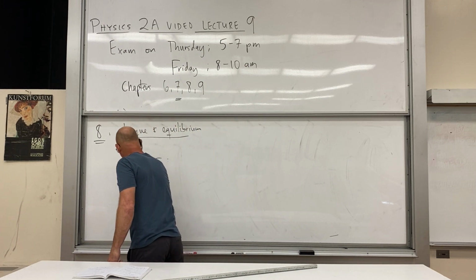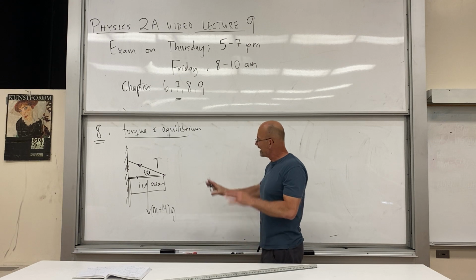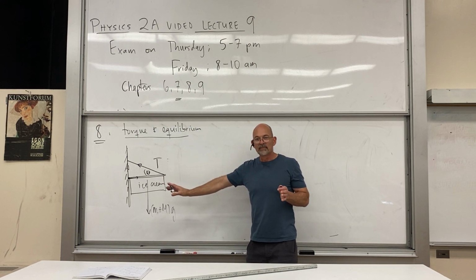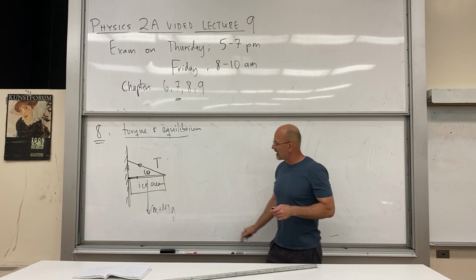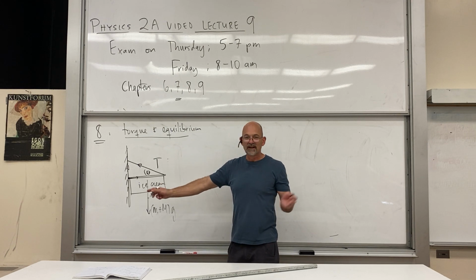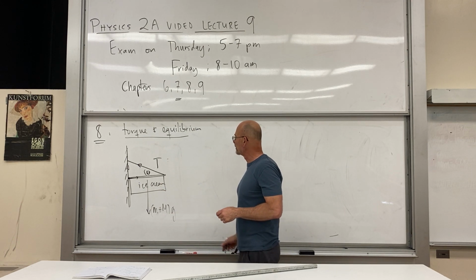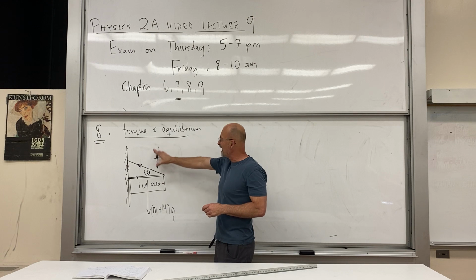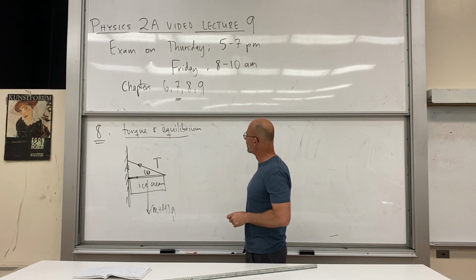I had forces at the wall, reaction forces, and my equilibrium conditions for this problem allowed me to find, say, the unknown tension given everything else. So you want to be able to set up the slightly more complicated equilibrium problems.